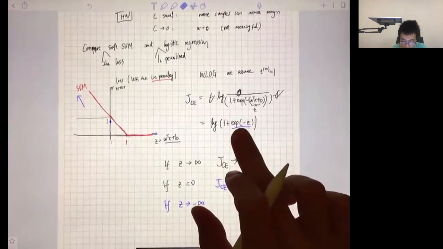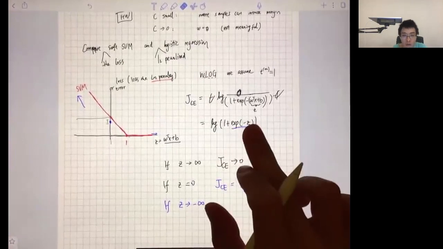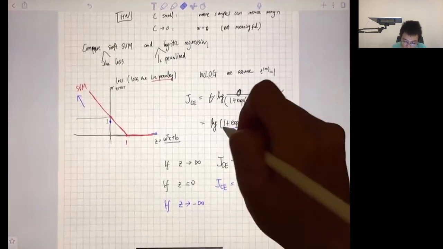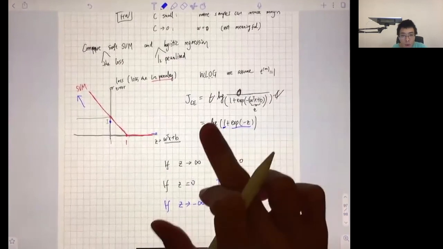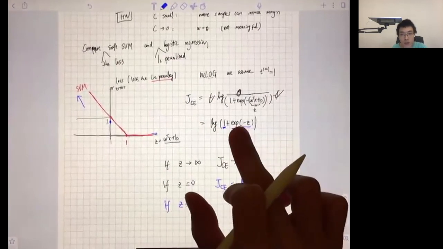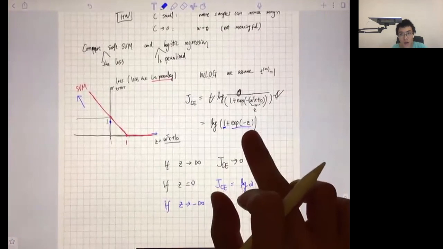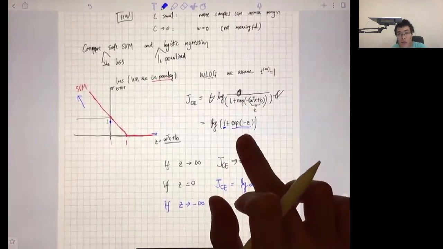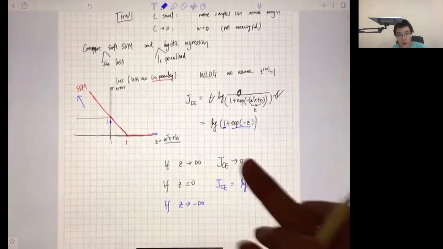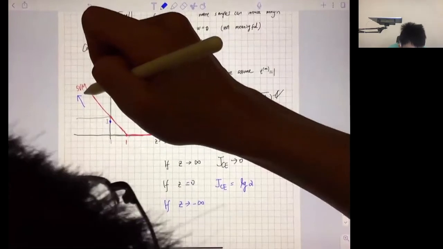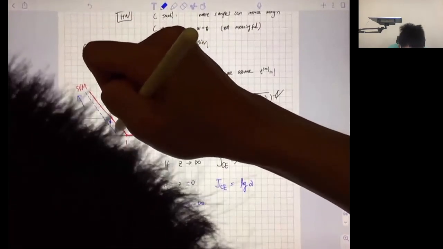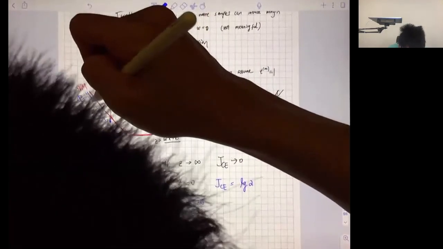The exponential of minus z is huge, so it almost dominates 1, and the 1 is negligible. Then you have the log of exponential of minus z, so the rate at which it increases is just minus z. The slope of your increase is just 1, a linear line. So you have an asymptotic linear increase, and your loss is something like this.